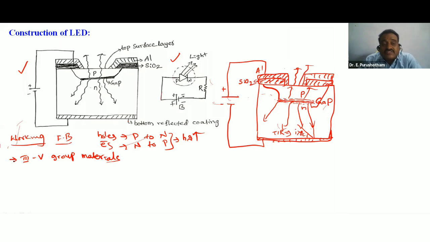Why are we coating third group and fifth group materials? These materials have a low critical angle value, up to 17 degrees. They also have a high refractive index value, mu.